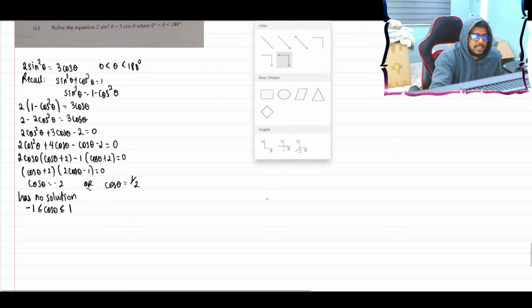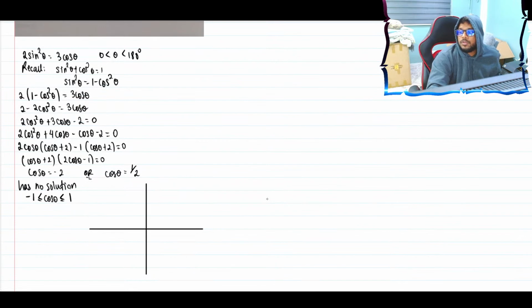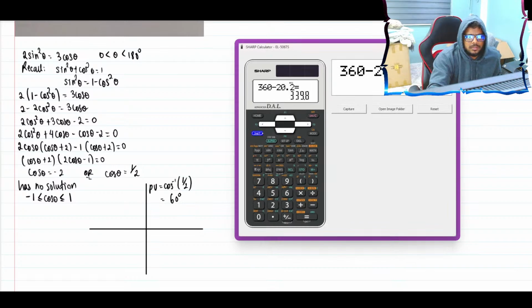If cos theta is a half, we have to dive into the quadrants, and show where it goes out of the domain. My principal value is cosine inverse of a half, which I believe is 60 degrees. Let's just double check it. Cos inverse of 0.5, 60 degrees. Cosine is positive in quadrant 1 and 4. In quadrant 1, theta is the principal value, which is 60 degrees.